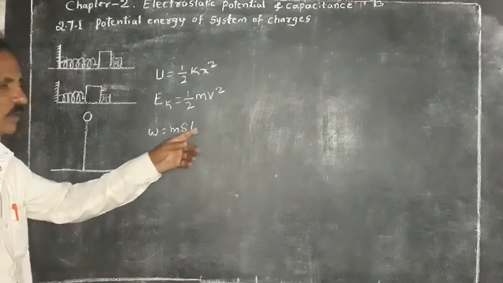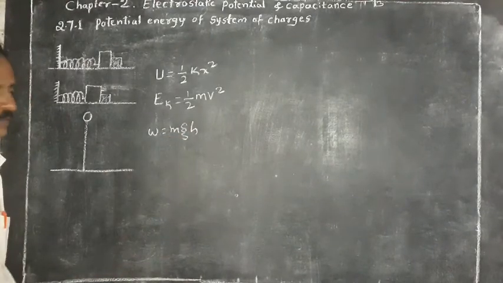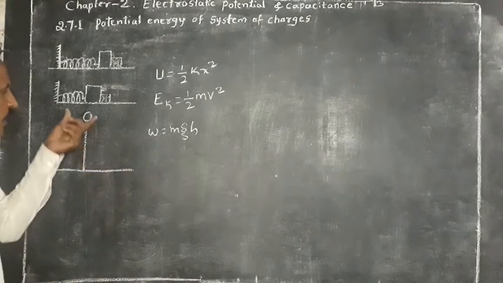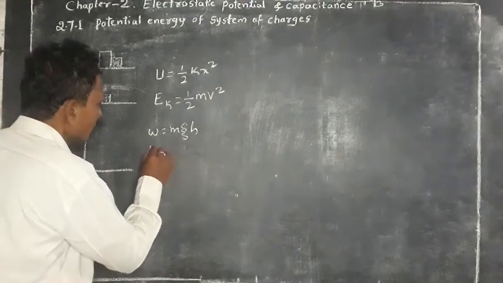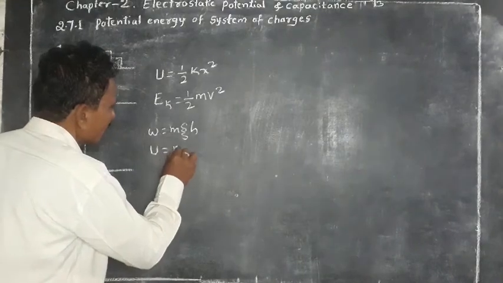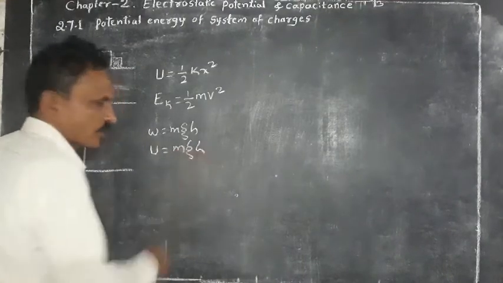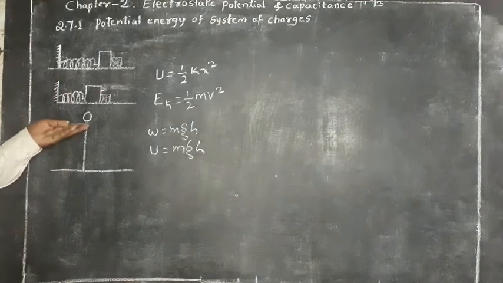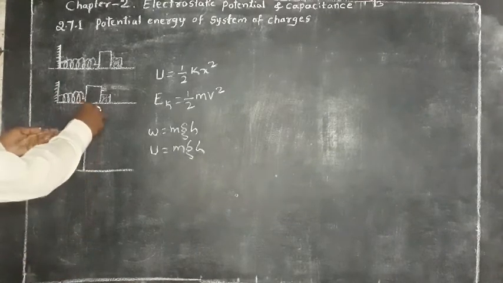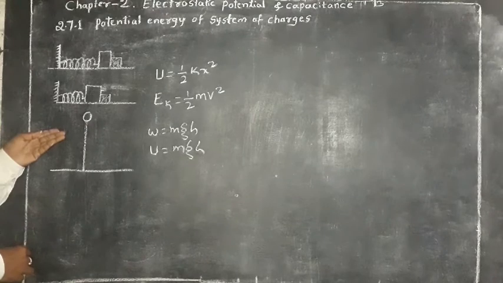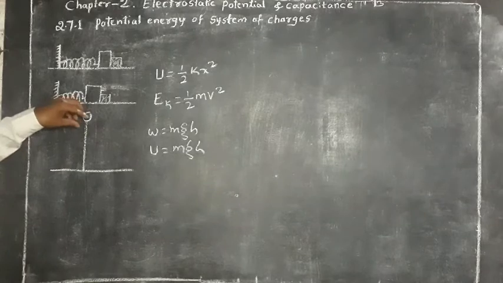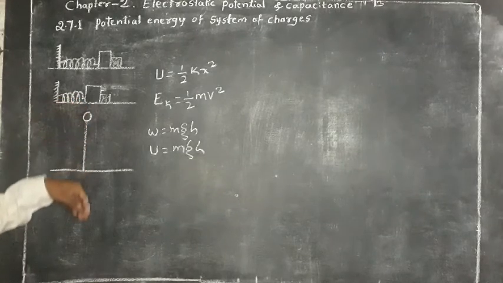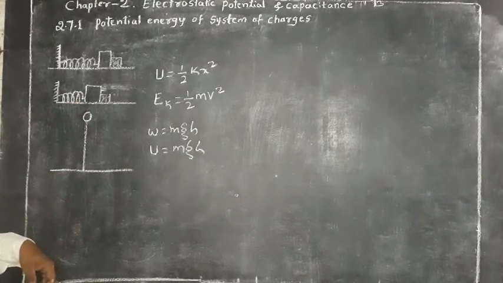force into displacement, that is the work done, and this work done is stored in the body as gravitational potential energy. Therefore, W = U = mgh. When the force is removed, the body starts falling downward, losing its potential energy, and the body gains an equal amount of kinetic energy during the motion.